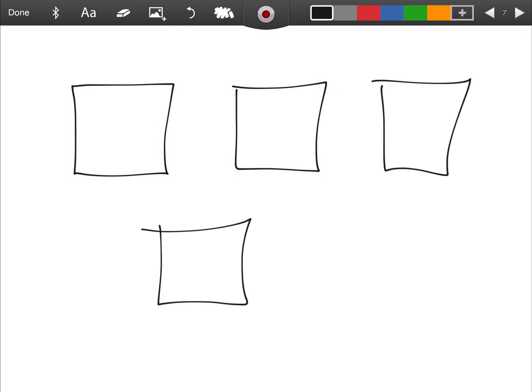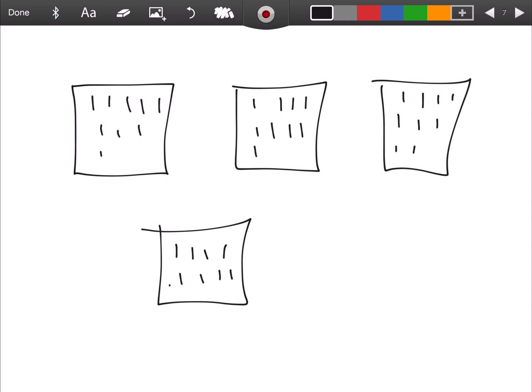And you could go through and count and do 1, 2, 3, 4, 5, and so on, up to 48.